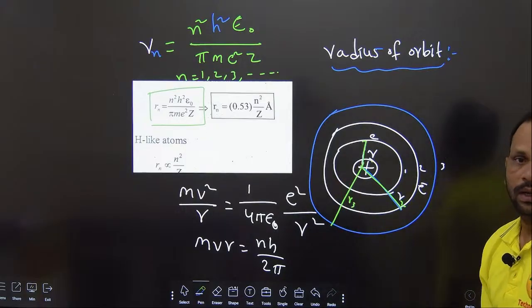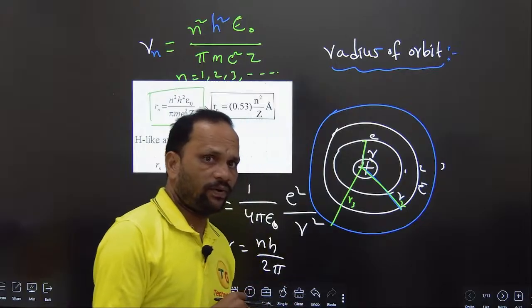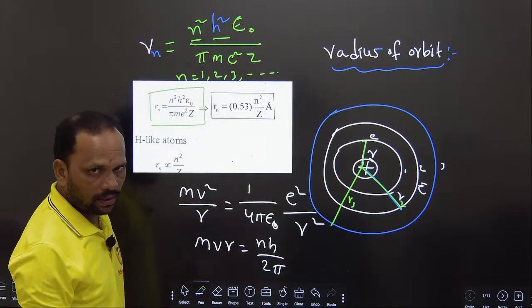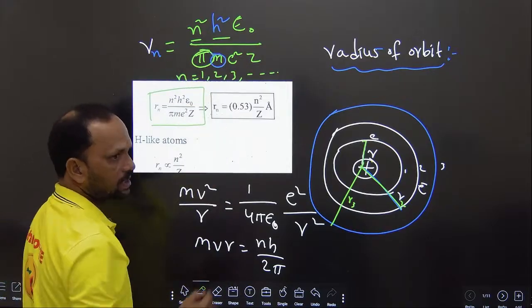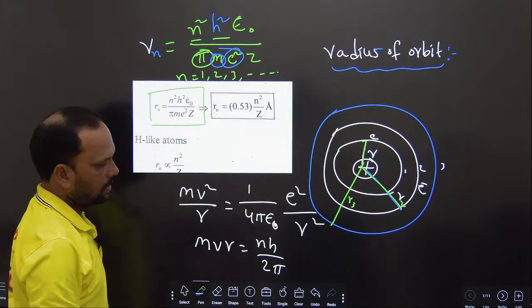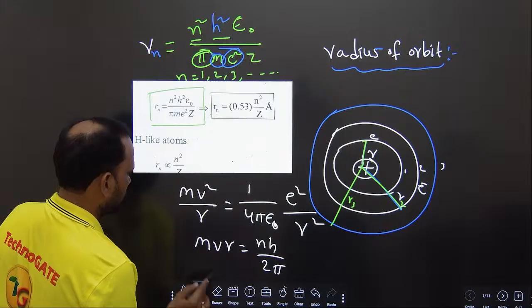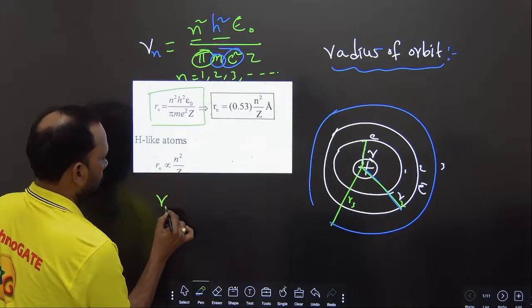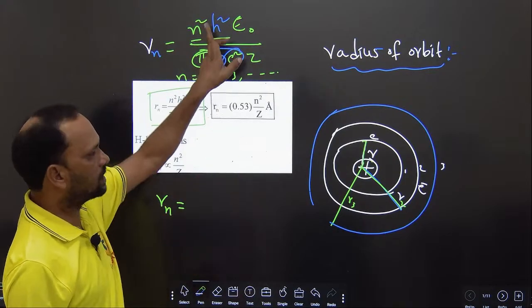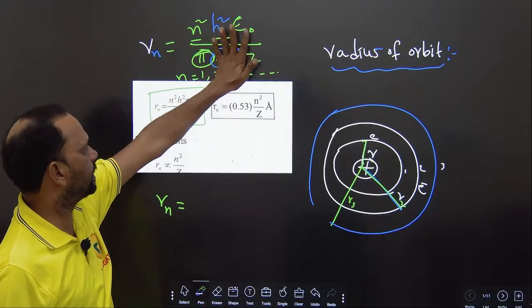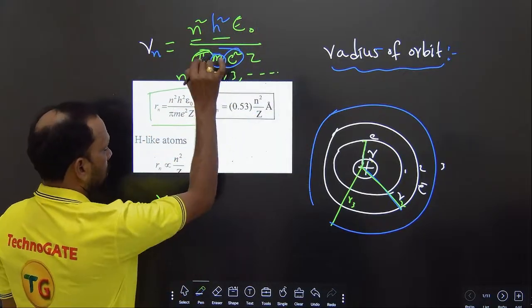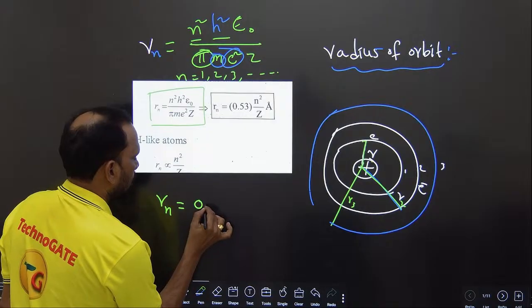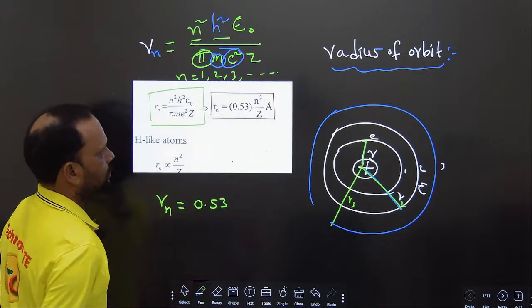Then how does the radius of the orbit vary with respect to the principal quantum number? h is Planck's constant, pi is a constant, m is the mass of the electron, e is the charge of the electron. If we substitute all these values and rearrange, we get 0.53.